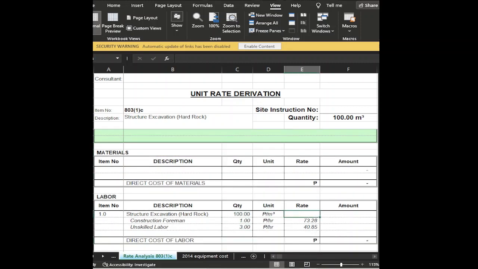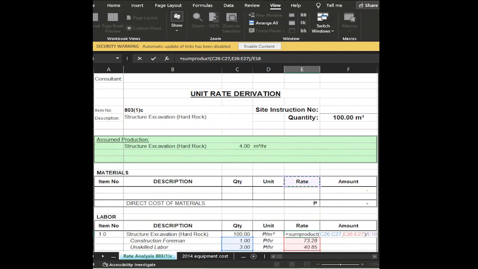So we will convert this one to per cubic meter. We will sum product this quantity to the rate, then divide it by 4, which is the assumed production, so that we can get the amount per cubic meter of this excavation.